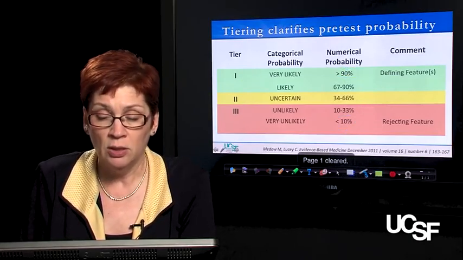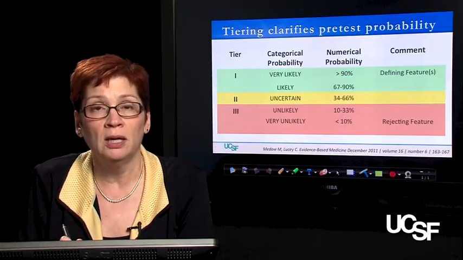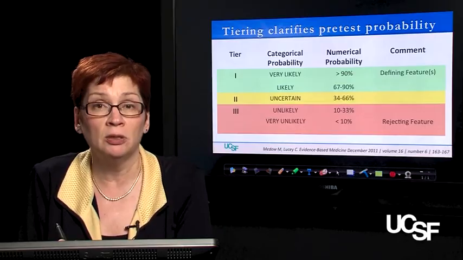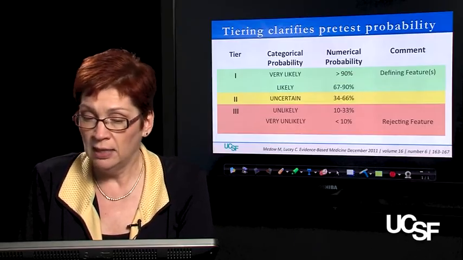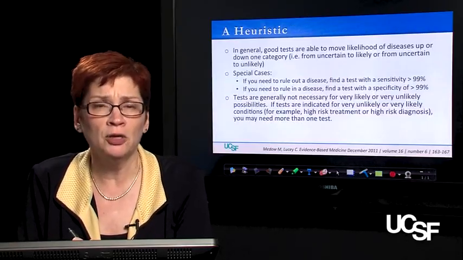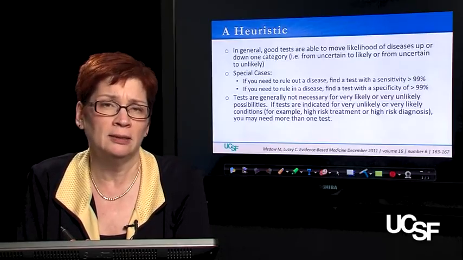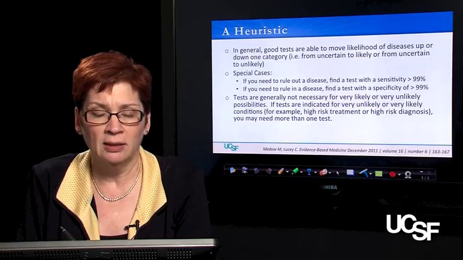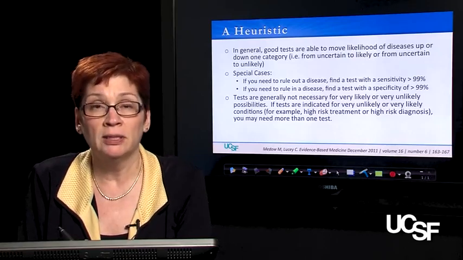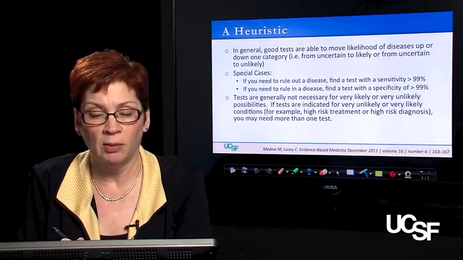And we used this to work through several 2x2 contingency tables proving Bayes' theorem, and then identified a heuristic that we can use in the clinical setting without getting out our calculators to understand how our pretest clinical probability of disease would be impacted by our post-test probability.